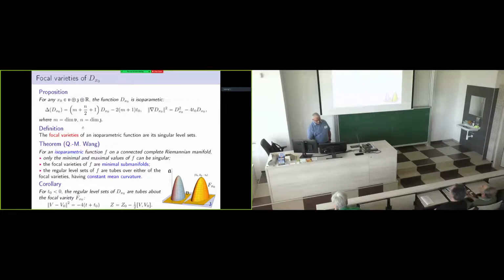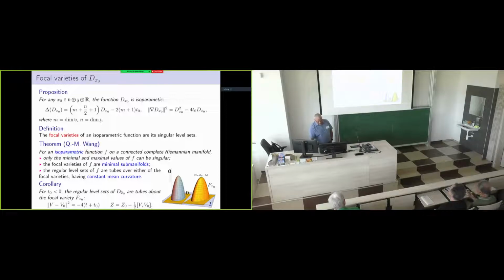So to understand the structure of this function, or the level sets of this function d_x0, as x0 has negative last coordinate, we have to look for its focal hypersurfaces. Or in fact, it has only one single focal hypersurface.